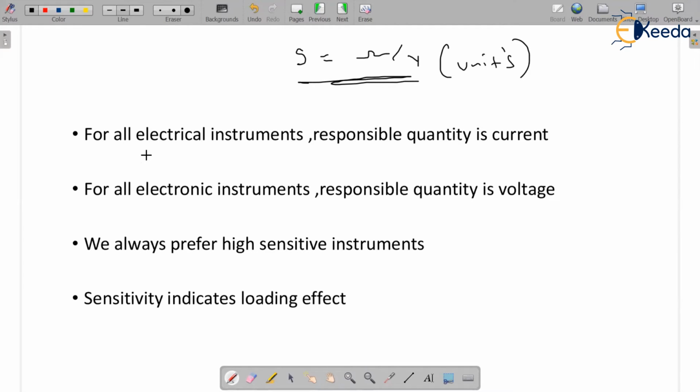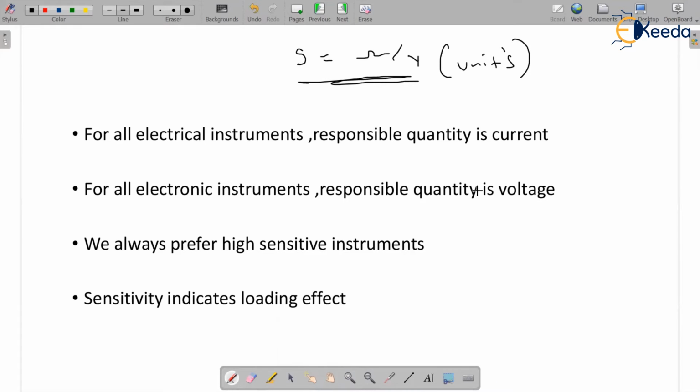Then next, for all electrical instruments the responsible quantity is current. For all electronic instruments the responsible quantity is voltage, because electrical instruments respond to the current entering into them, and electronic instruments to the potential difference that exists across them.